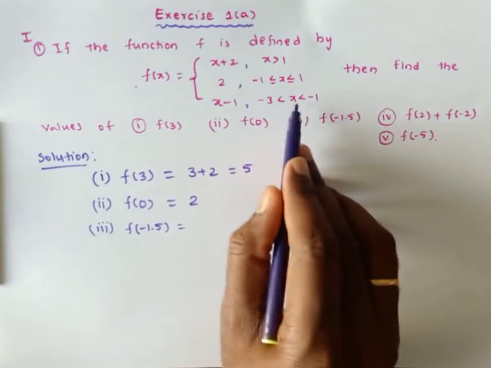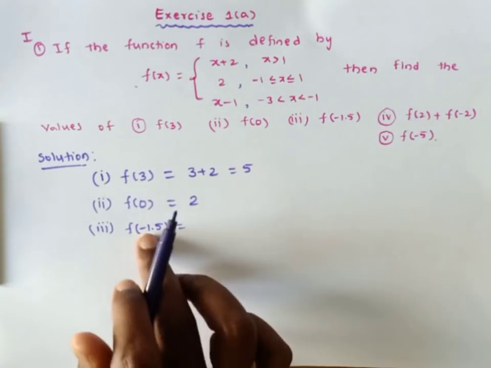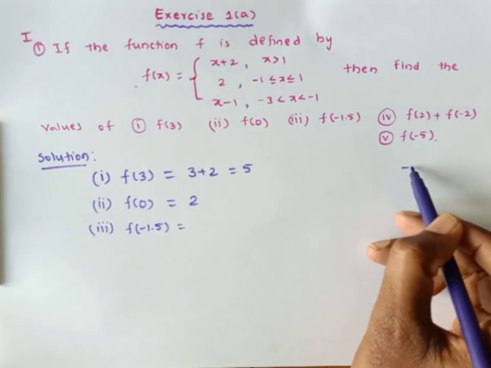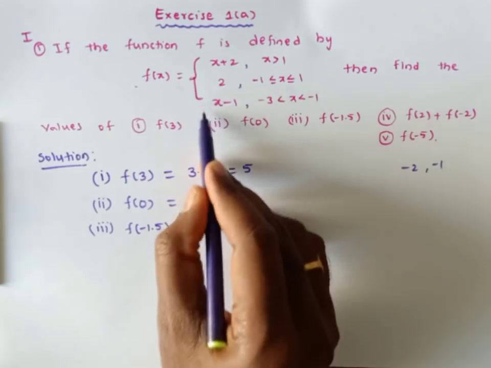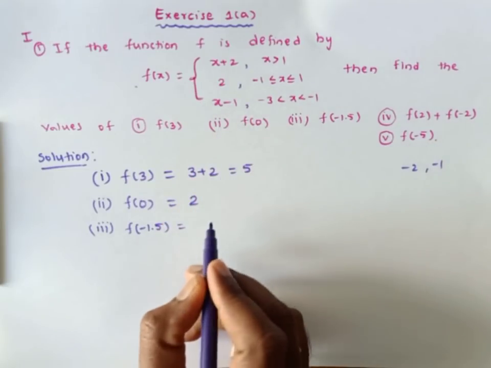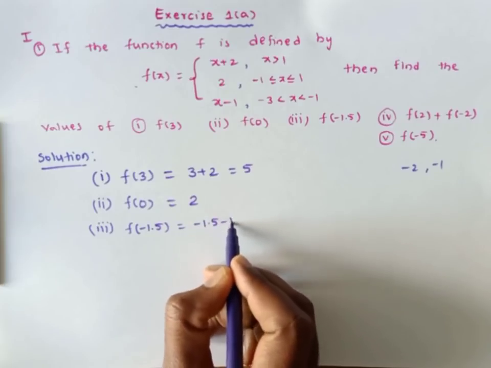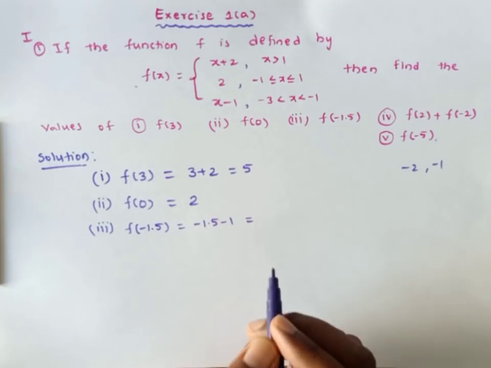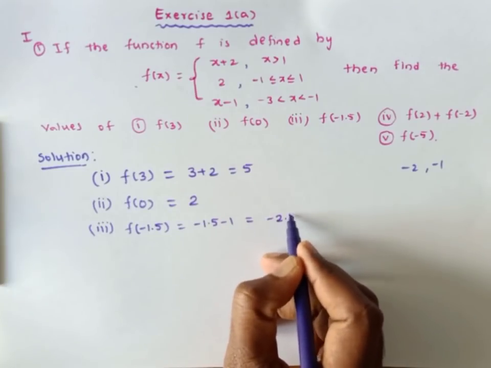See, after minus 3 it is minus 2, then minus 1. So this value lies between minus 2 and minus 1. Therefore we need to use this function, x minus 1. So x minus 1 means minus 1.5 minus 1, which is equal to minus 2.5.